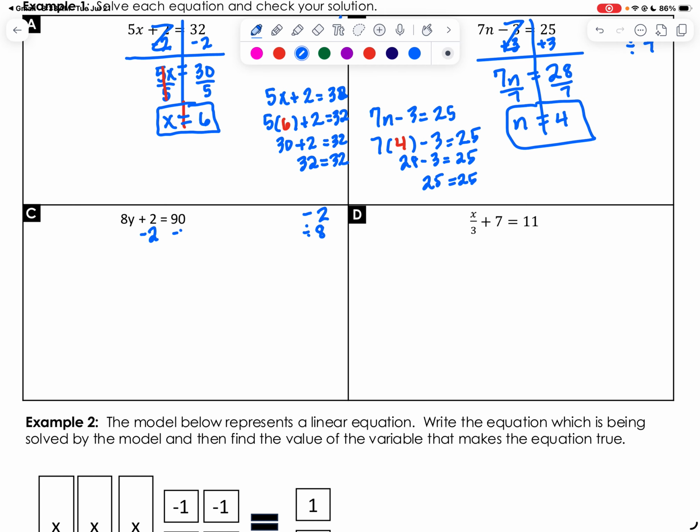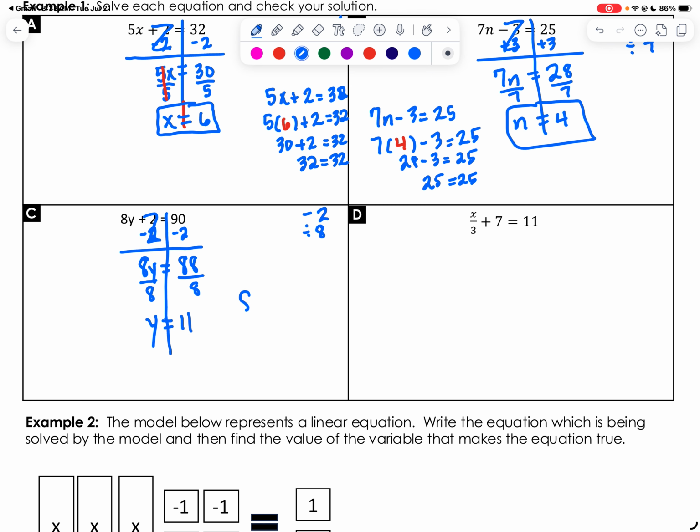Subtract 2 on this side, subtract 2 on this side. So the 2's would zero out, and I'd be left with 8y equals 90 minus 2, which is 88. Now divide by 8. So 8 divided by 8 gives me 1y is equal to 88 divided by 8, which gives me 11.